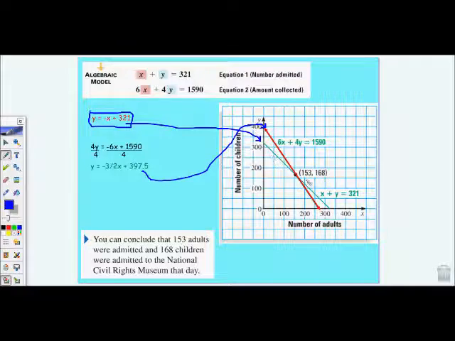When the lines are graphed, you can see the intersecting point is going to be at approximately 150, we're going to predict it, 153 for the x, and our y is going to be 168.